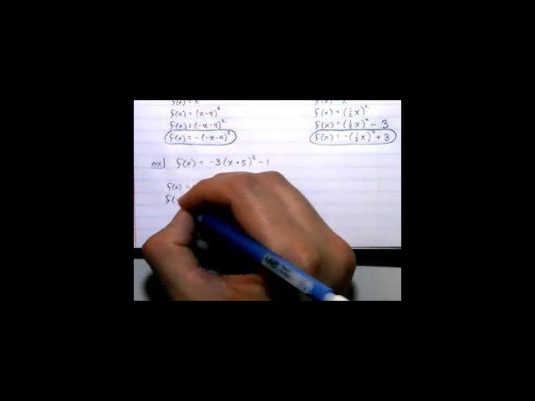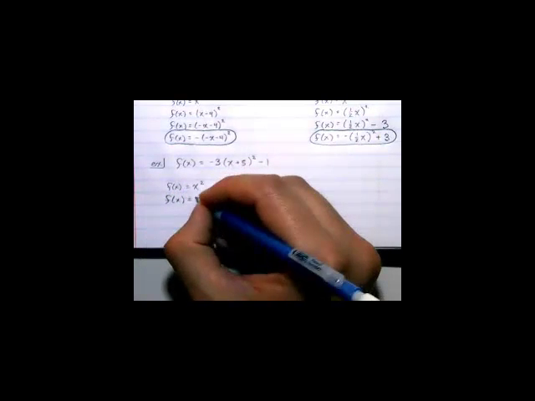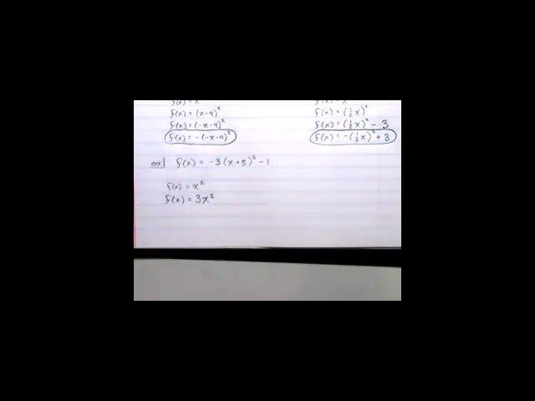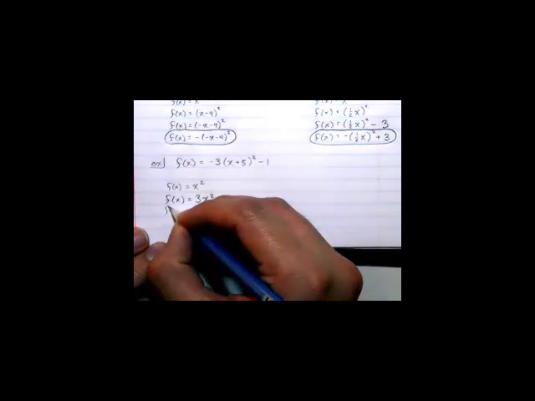Do a vertical stretch by 3. Okay, so that would give me 3x squared. You want to do the translation left 5? Okay.